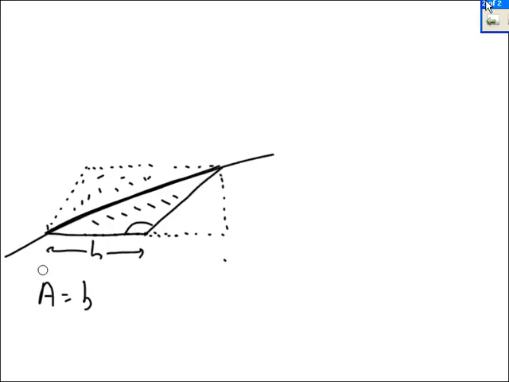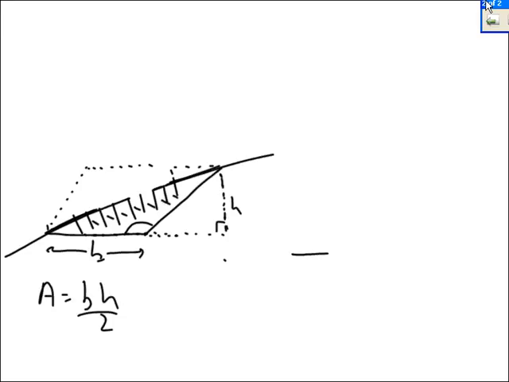You might have to extend the base to find the height, because you have to come down at a right angle. That's height. That's the area of that parallelogram. Well, if I cut it in half, I'll get half the area. Oh, perfect. That's the area of the triangle.